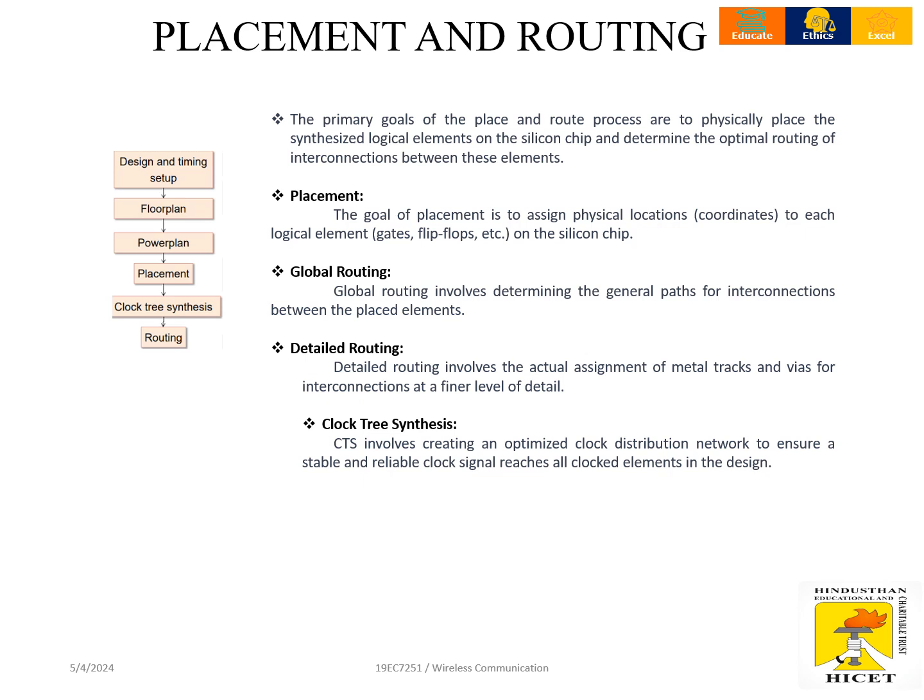In global routing, it determines the general path for interconnection. It won't connect internally, but in case of detailed routing, we have to do the internal connections, and the metal tracks and wires will be connected in detailed routing. And next is the clock tree synthesis. In this clock tree synthesis, the creation of an optimized clock distribution network will be done. And to ensure a stable and reliable clock signal, the clock elements are placed in the design.